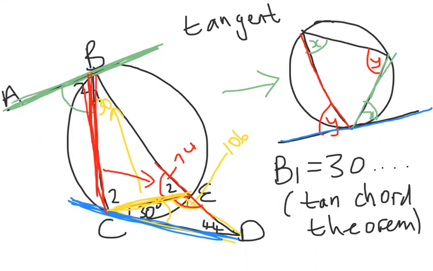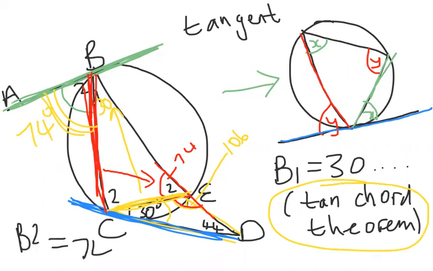Now we have this red chord, we have this green tangent, and the angle between them is B2, which is the one that we want. That will also be equal to 74 with the same tangent chord theorem. So B2 equals 74, and we use the same definition, and that's the end of the sum.